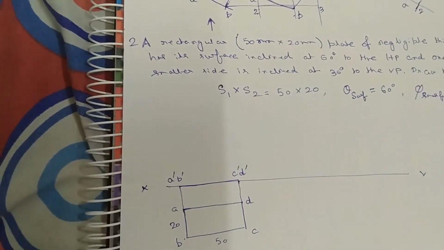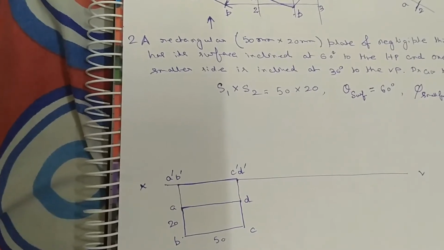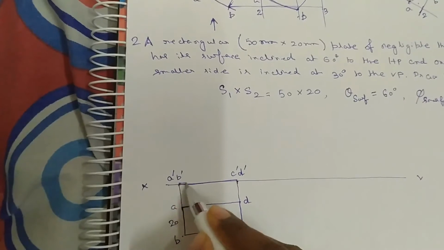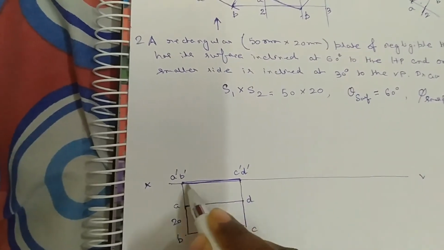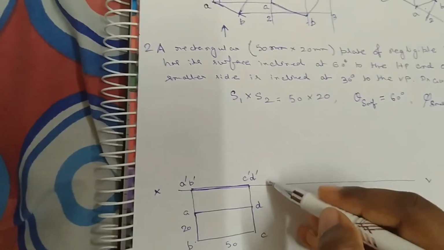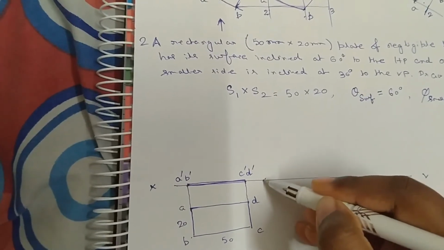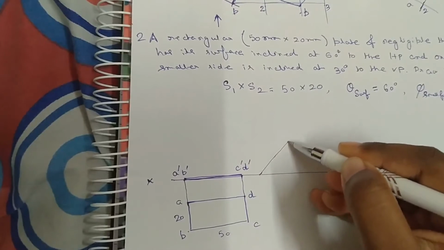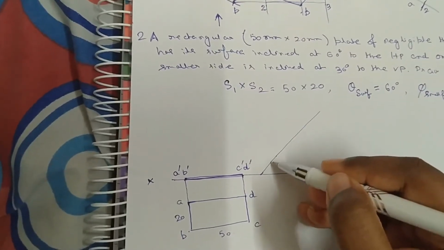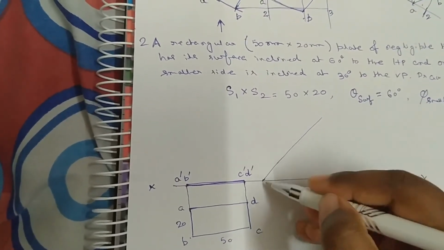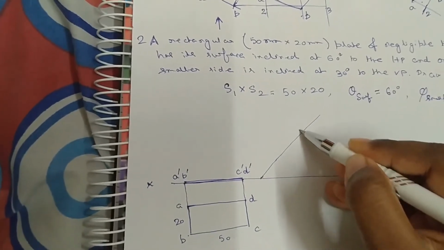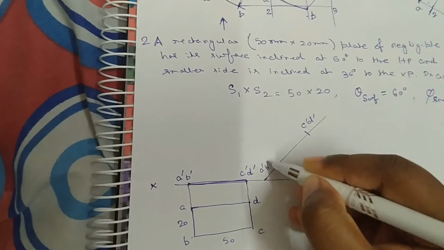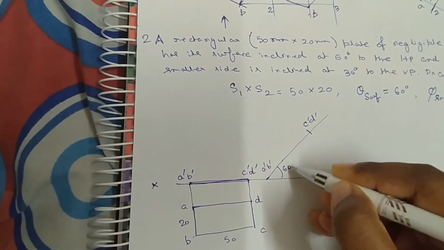Now the surface will be making an angle of 60 degree. So we will just recreate this line at a 60 degree angle, make the angle 60 degree like that, and just plot this length over here. This angle is 60 degree.